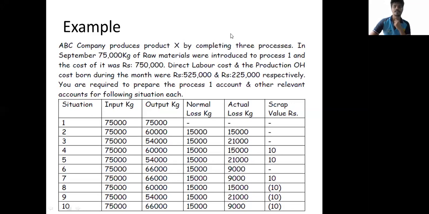Direct labor cost and the production overhead cost borne during the month were rupees 525,000 and 225,000 respectively. You are required to prepare the process 1 account and other relevant accounts for each of the following situations.